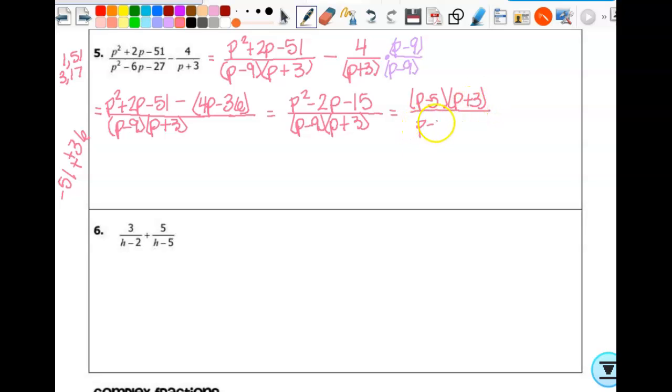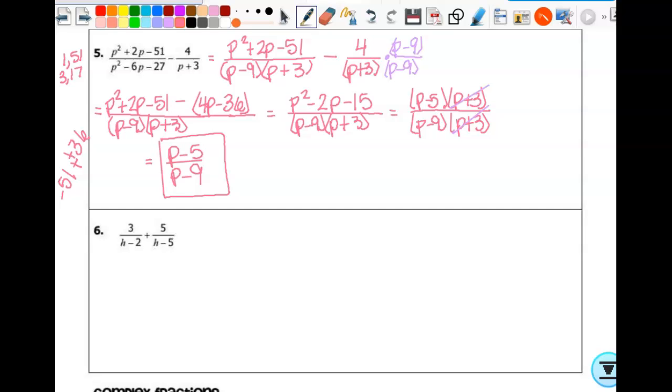So that's P minus 9 times P plus 3. Now I can reduce those, and my final answer is P minus 5 over P minus 9. What questions you got? We good?